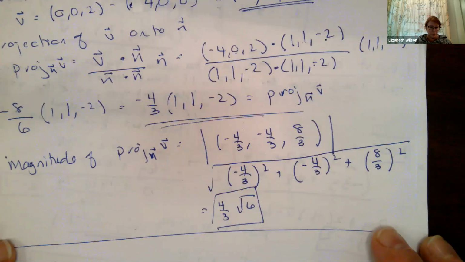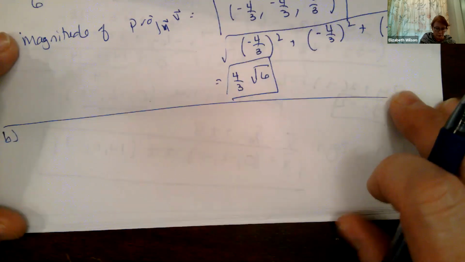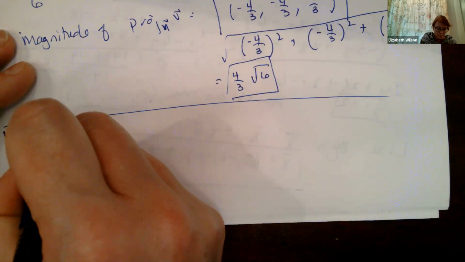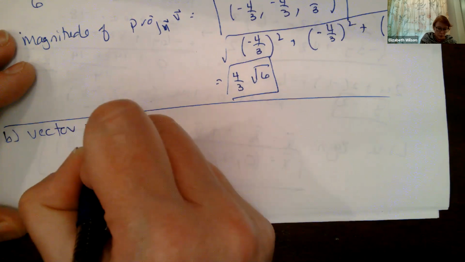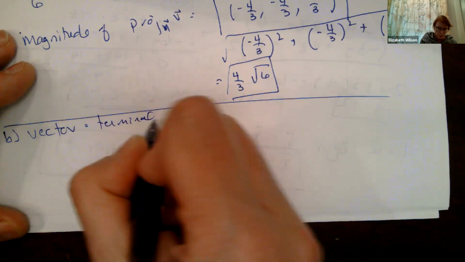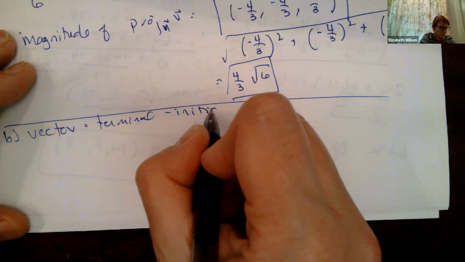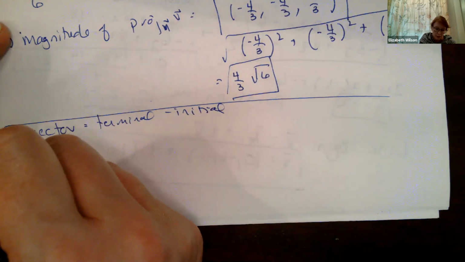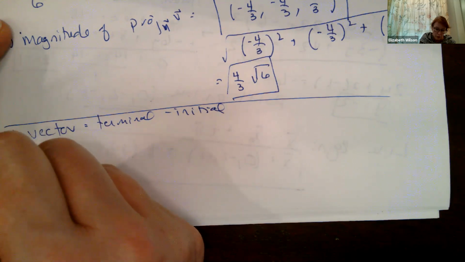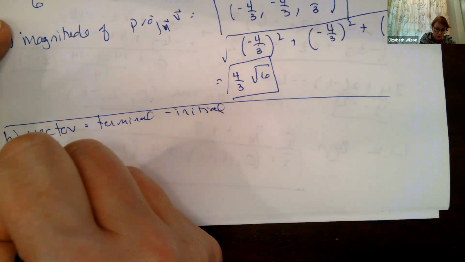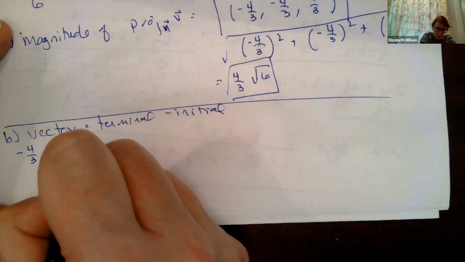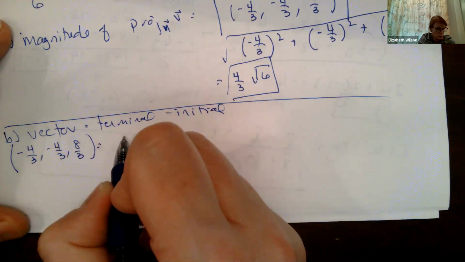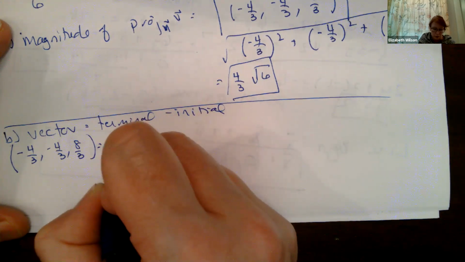So remember, if I say our displacement vector is terminal minus initial, right? So if my vector is equal to my projection, so that's minus 4/3, minus 4/3, 8/3. It's equal to my terminal point, which is 0, 0, 2.